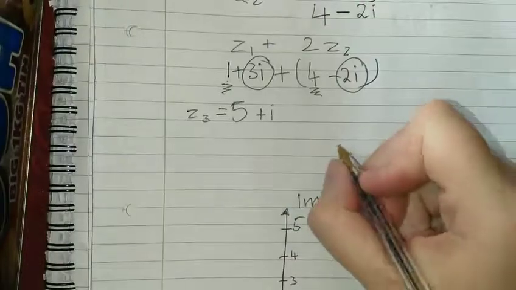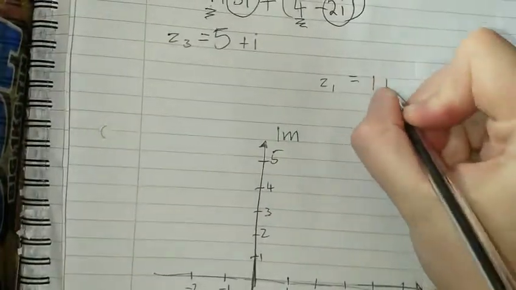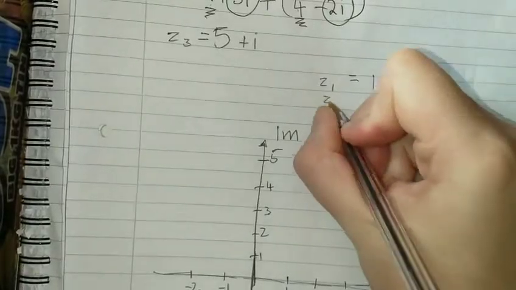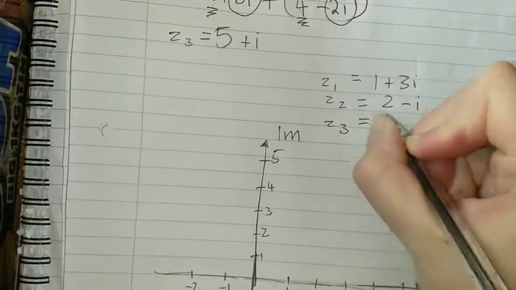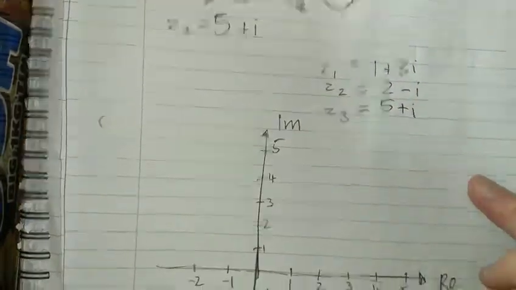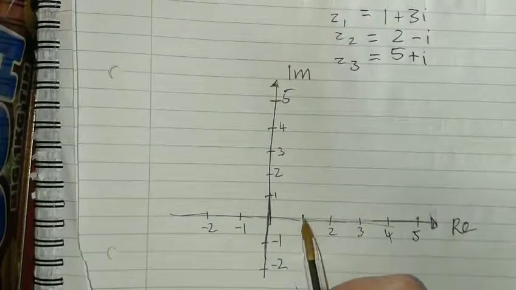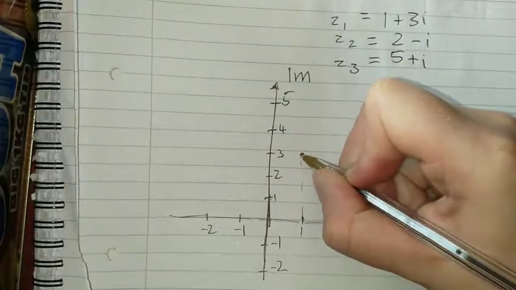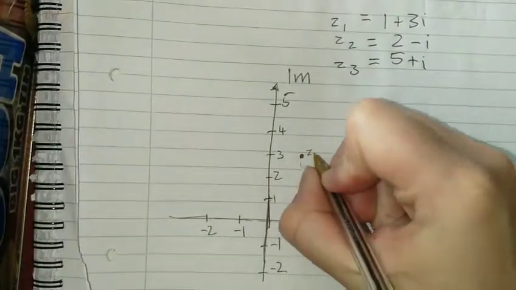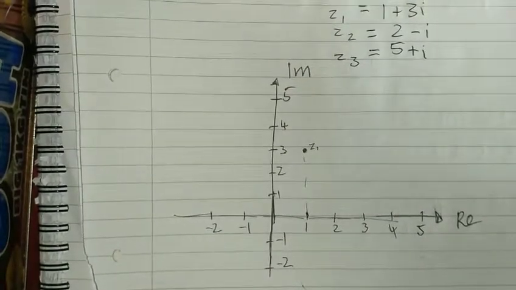So then the next part, we are asked to plot Z, so I'll just write in the corner each of our points. So Z1 is 1 plus 3i, Z2 is 2 minus i, and Z3, which we figured out, is 5 plus i. So Z1 is 1 plus 3i, so we go across 1 on our real axis, and then up 3 on our imaginary axis, and then this is Z1. My diagram isn't going to be 100% accurate because I don't have graph paper.